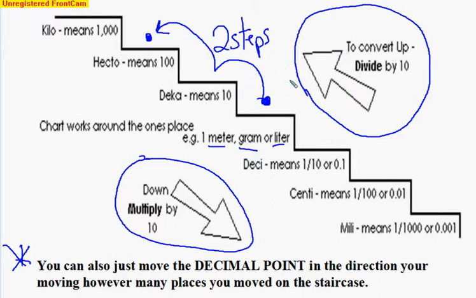So say my initial number was 100. I travel 1, so I divide it by 10, so that gives me 10. And I travel 1 more, divide by 10, which is 1. So if I started with 100 meters, I would end up saying that I have 1 hectometer.